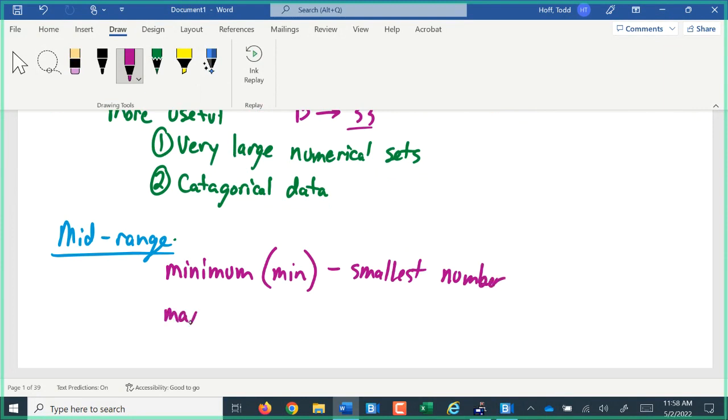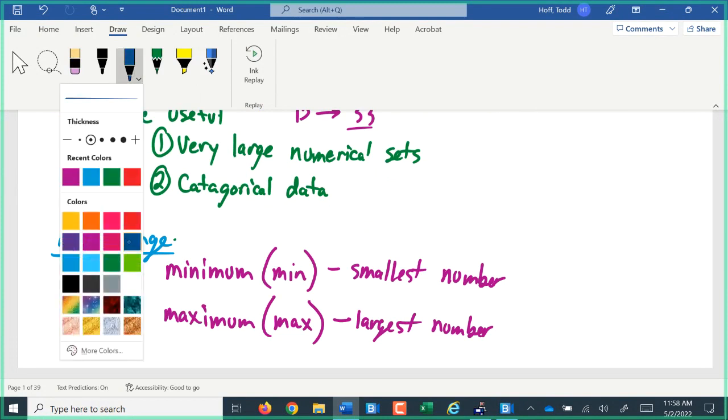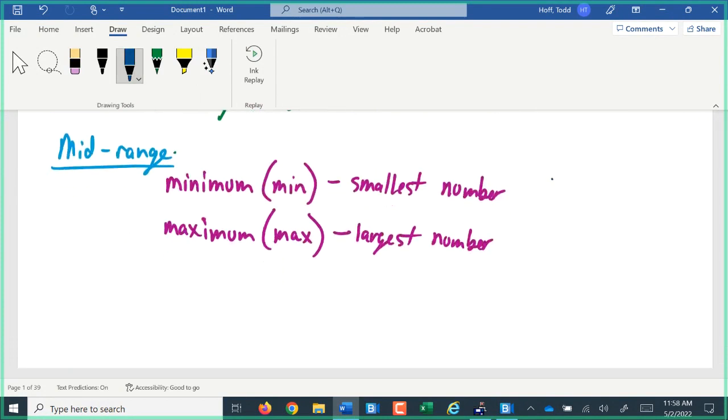The other is the maximum, abbreviated just MAX, max, the largest number in the set. The mid-range then is the minimum plus the maximum divided by 2. It's literally halfway between the smallest and largest number.